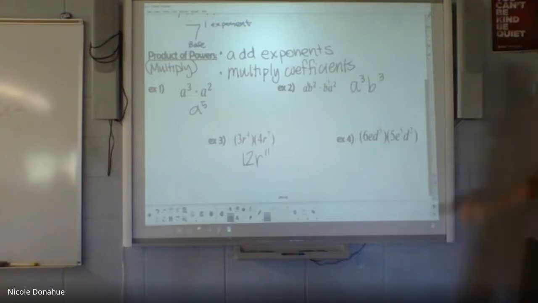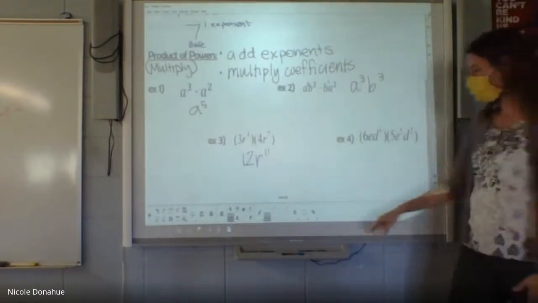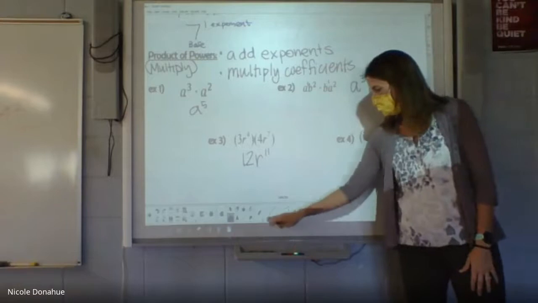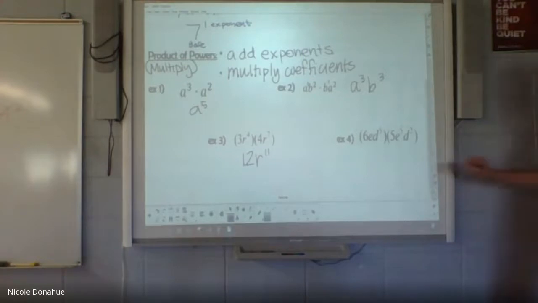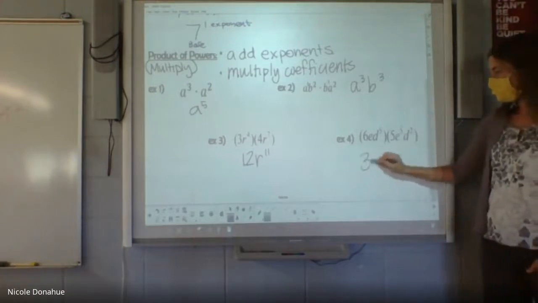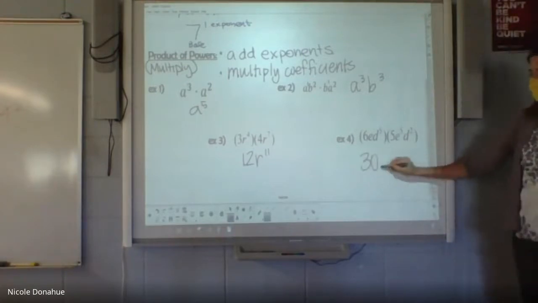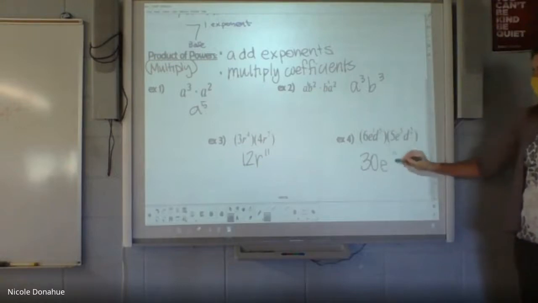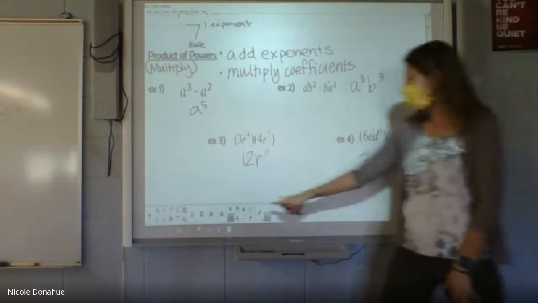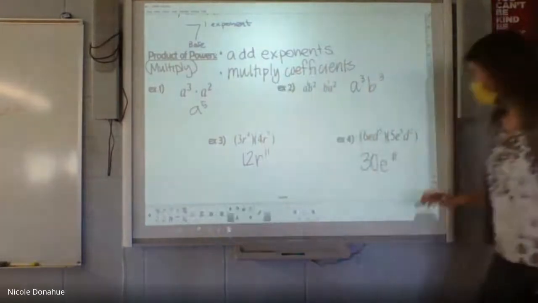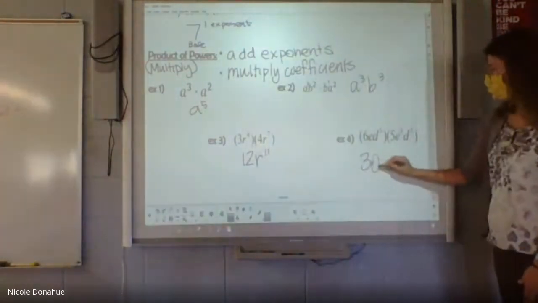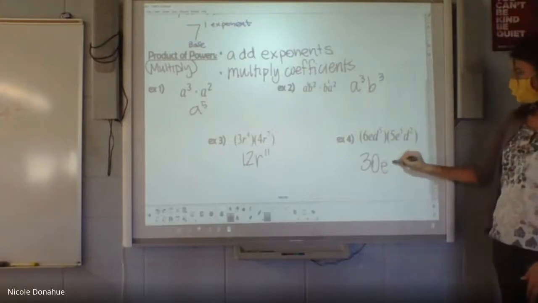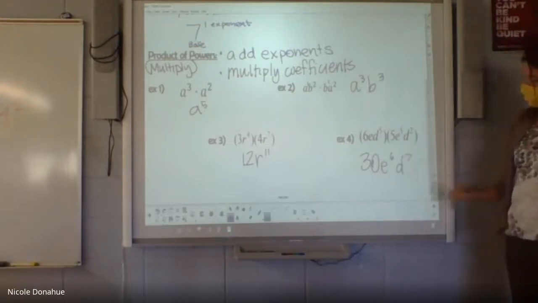Someone help us out here. What are we going to get in this case? Example 4. What's the coefficient? So 30. So Abby's right. 6 times 5 is going to be 30. E to the 6th. And D to the 7th. Very good. 30, E to the 6th, and D to the 7th.